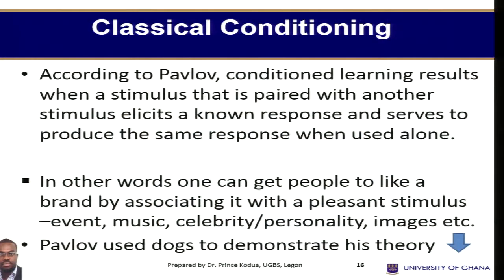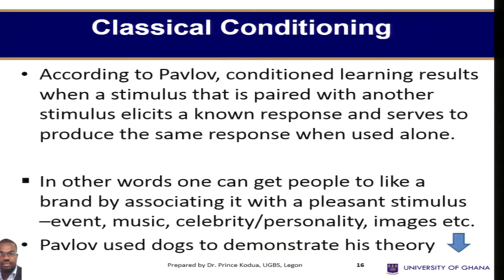For instance, events, music, celebrities or personalities, images, etc. can be used to elicit favorable responses from our target market. A brand can be associated with things that are pleasant to the target market.